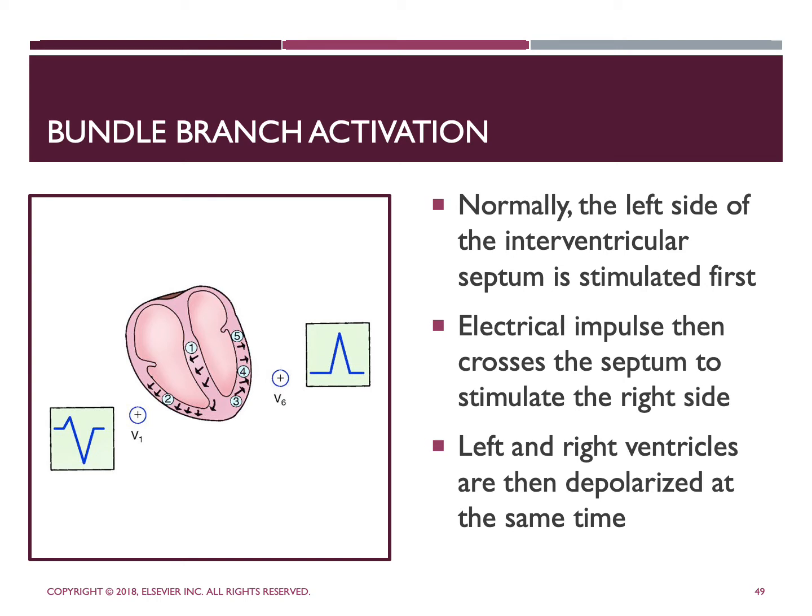The left side of the interventricular septum, which is stimulated by the left posterior fascicle, is stimulated first. The wave of depolarization then traverses the septum to stimulate the right side. Both the left and right ventricles are then depolarized at the same time.